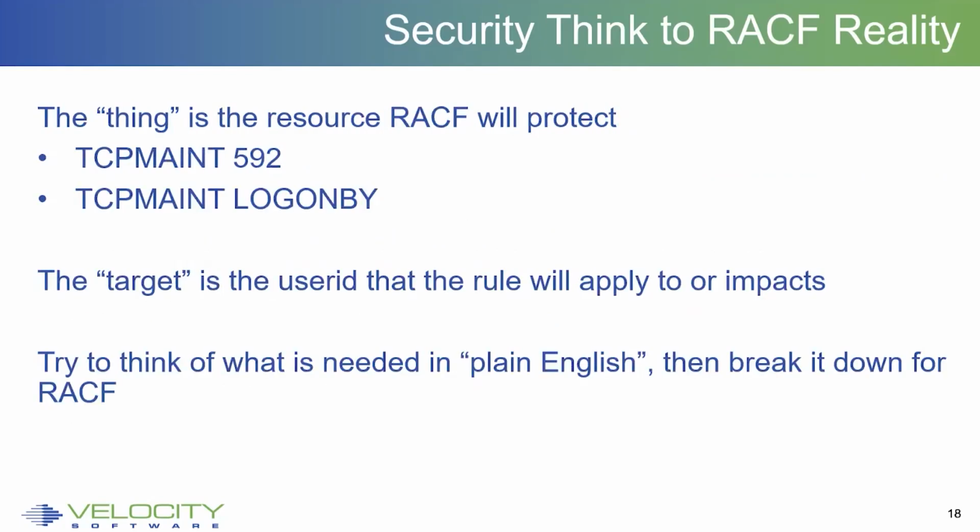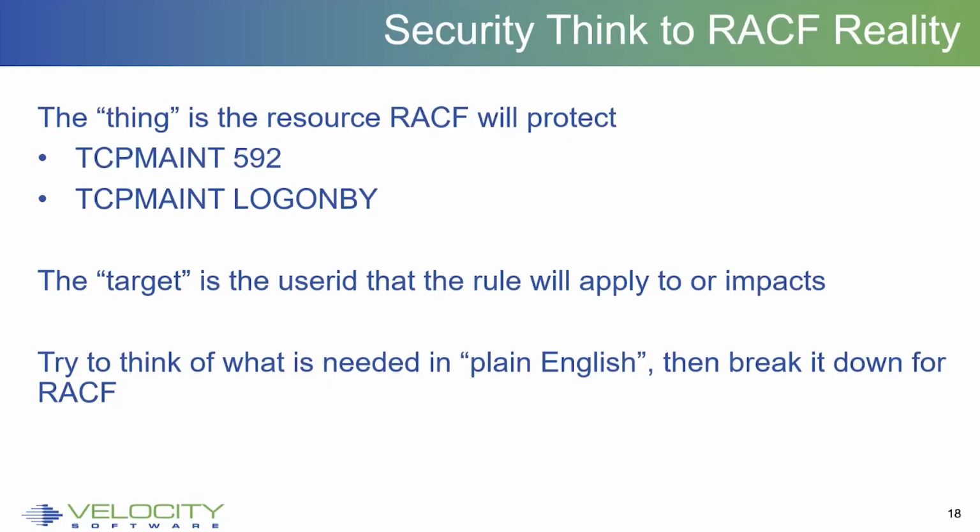So if you remember back in the resource definitions, the thing is the resource that RACF is going to protect. And that thing, in regards to a mini disk, would be the user ID and the virtual address of the mini disk. And in regards to surrogate or logon by, it's the user ID and the action of logon by.